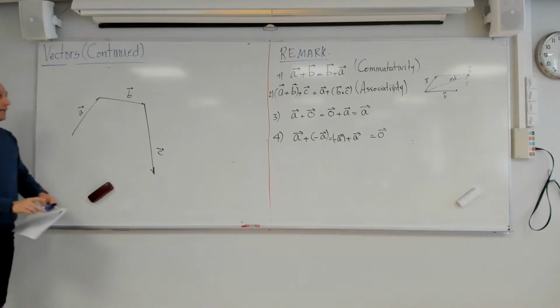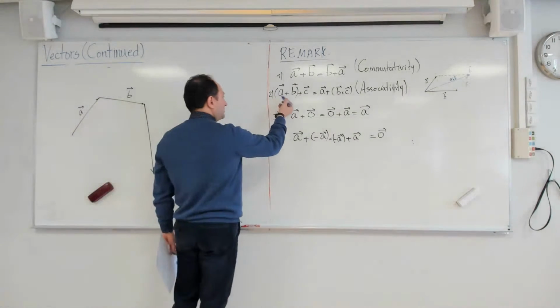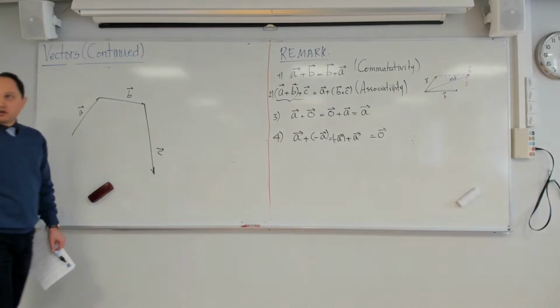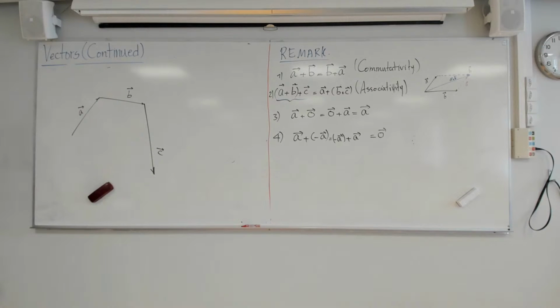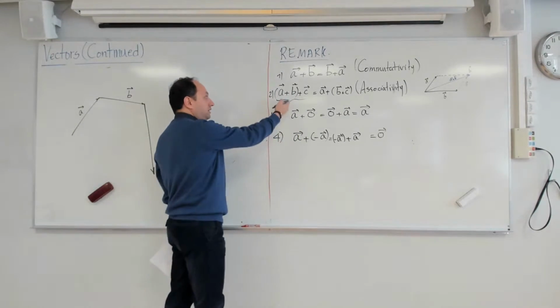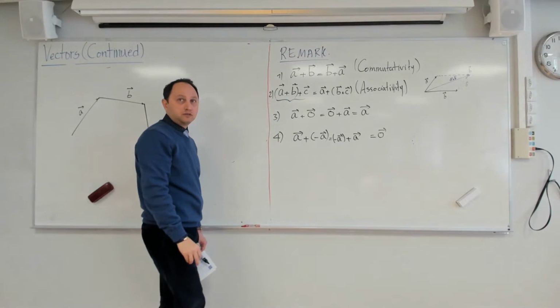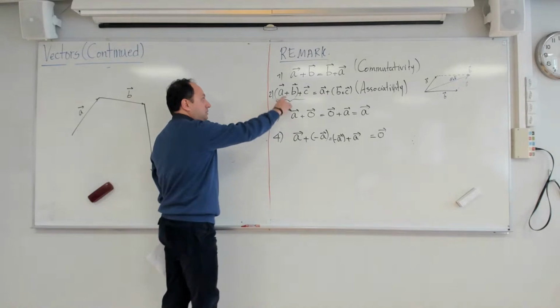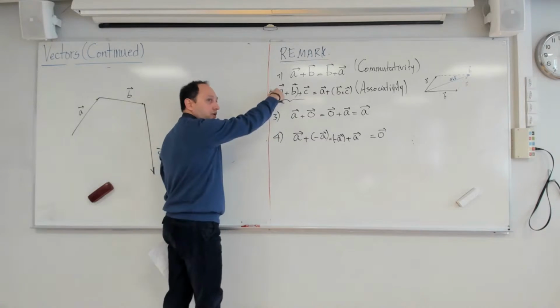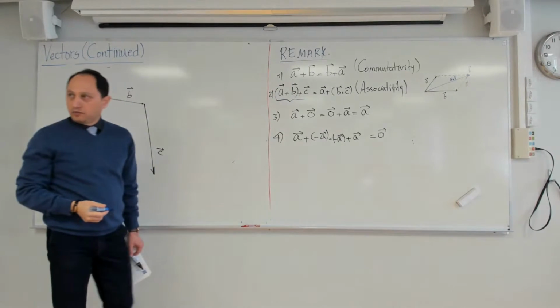Okay, if I want to calculate, which is not a good word because calculate is for numbers, these are arrows. If I want to construct this arrow, what I need to do, which one has the priority? I have two addition operations, this one and that one. But the priority on the left-hand side is given to which one? The inside, because of the pair of brackets. That is the meaning of a pair of brackets.